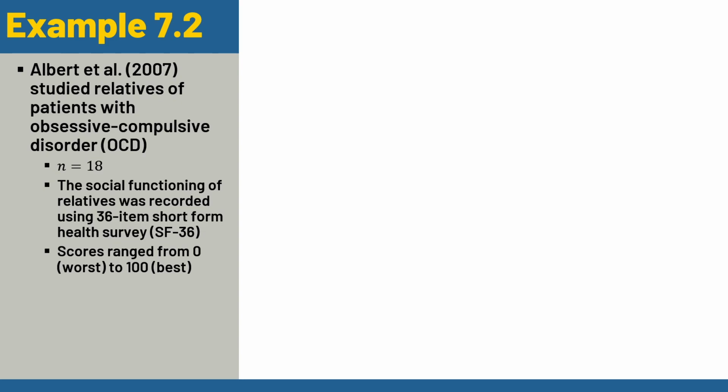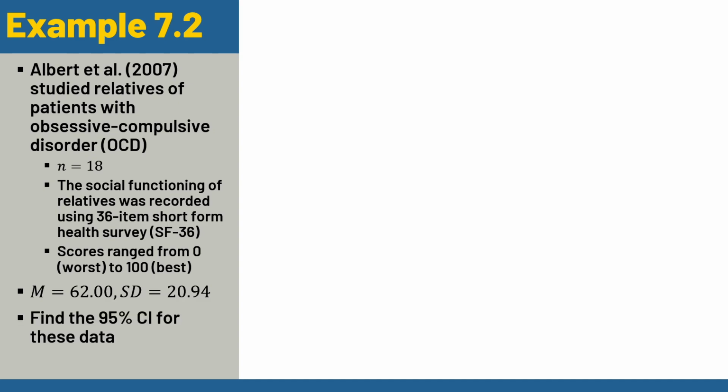And the scores on that survey ranged from 0, which represented the worst possible social functioning, to 100, which represented the best possible social functioning, the best possible health. So 0 is very poor health, 100 is very good health. And they found a sample mean of 62 and a sample standard deviation of 20.94. And I want you to find the 95% confidence interval for these data.